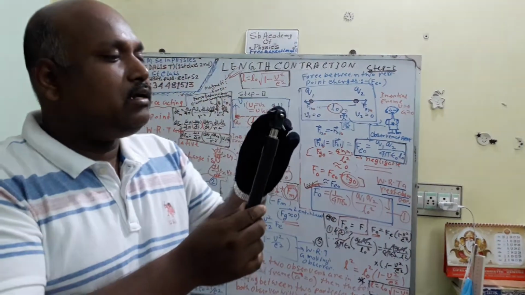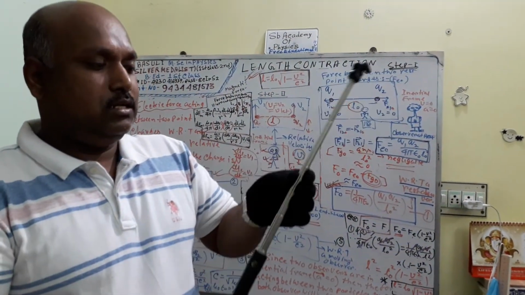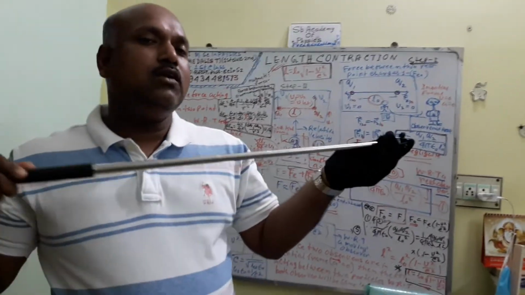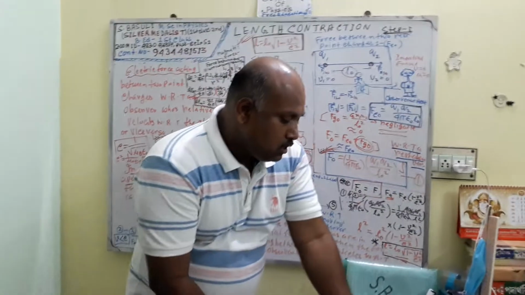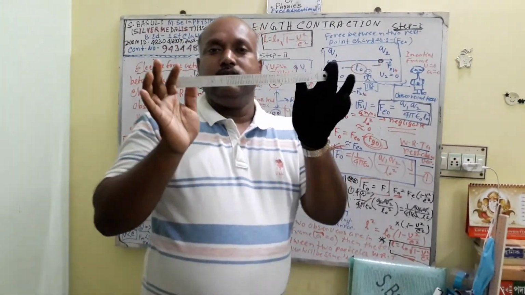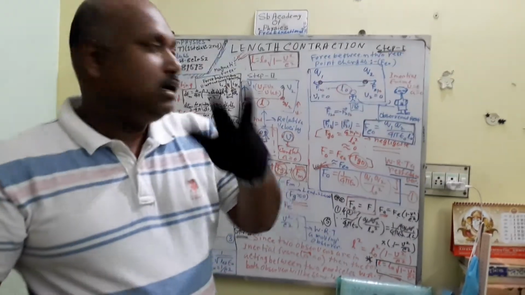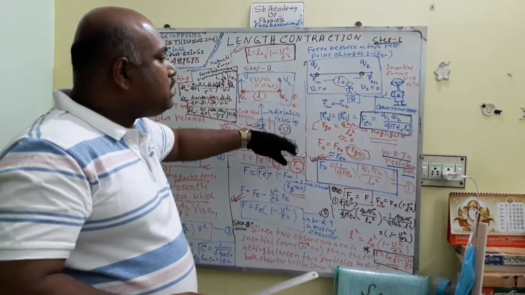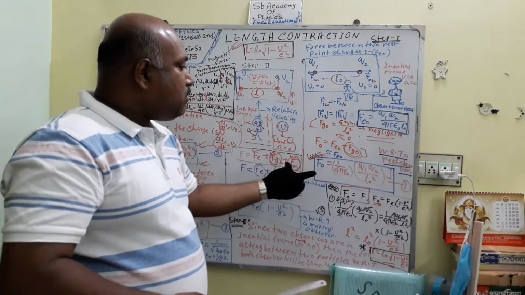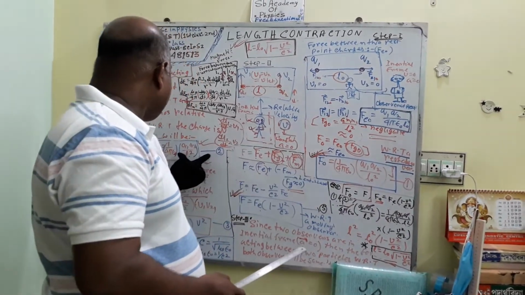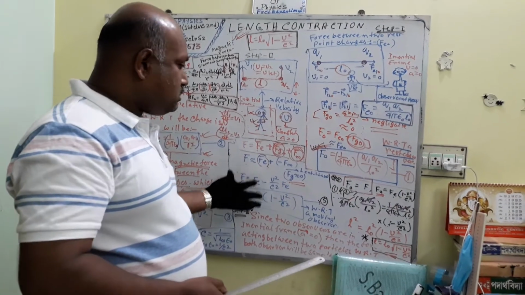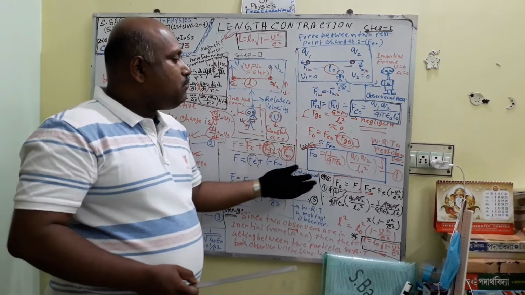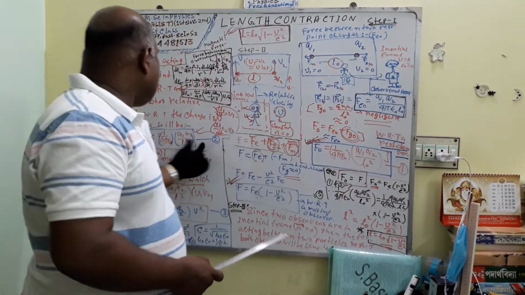This is not an actual fact; there is a sliding function. But actually, when a rigid rod or fixed length is moving, this phenomenon is observed. So this is the phenomenon of length contraction. The length contraction phenomenon can easily be explained with the concept of electrostatic force, Coulomb force, and magnetic force.